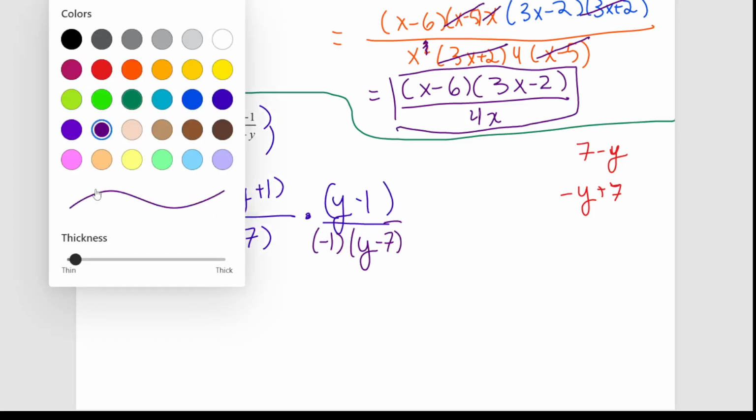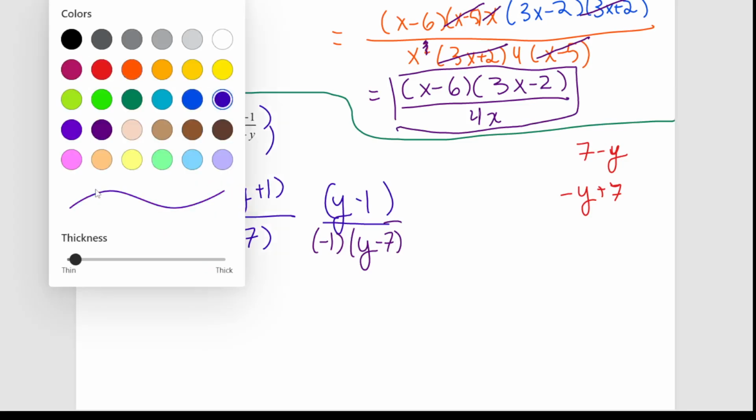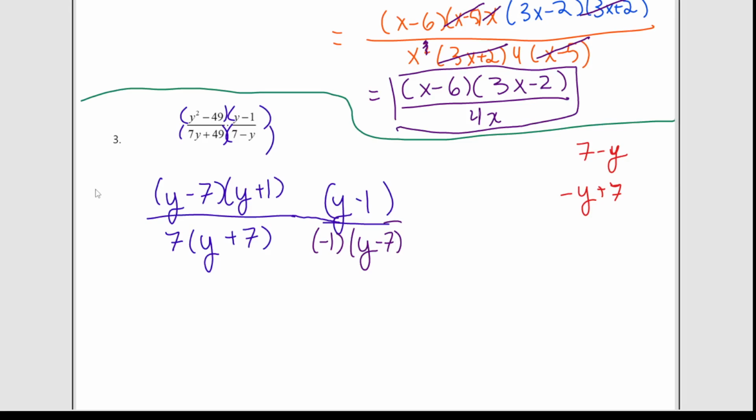Then we're ready to go ahead and multiply across the top, multiply across the bottom, and as you've probably noticed by now, that just effectively makes that fraction bar extended, so I'm going to do that for now, and then we're going to note what's going to actually simplify. I also wrote one of my 7s really messy, even though I did note it was a 7 up here, my bad. Whenever we were factoring y squared minus 49, I physically said y minus 7, y plus 7, and I wrote that 7 as a 1 for some reason, which was really smart of me.